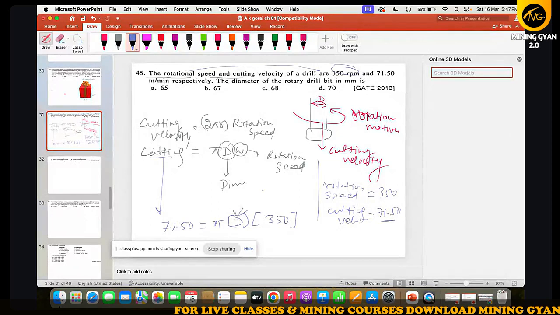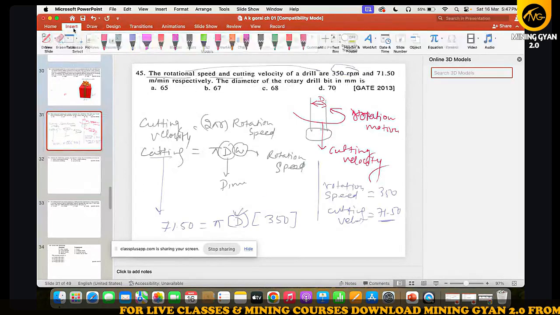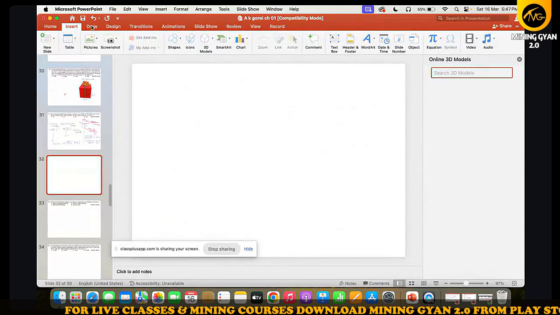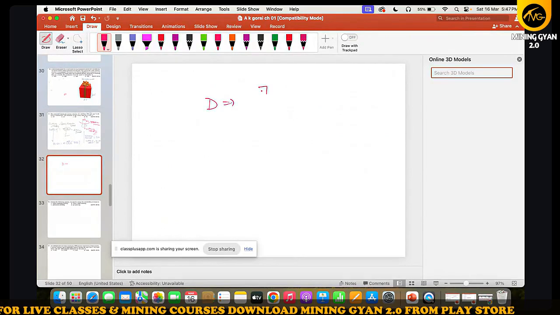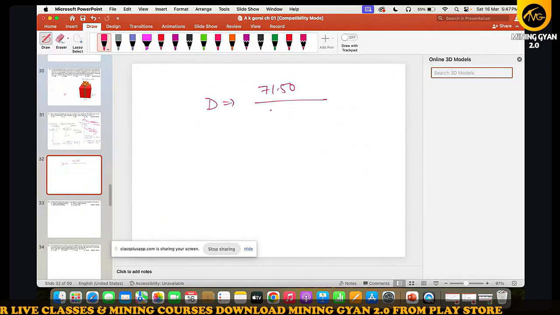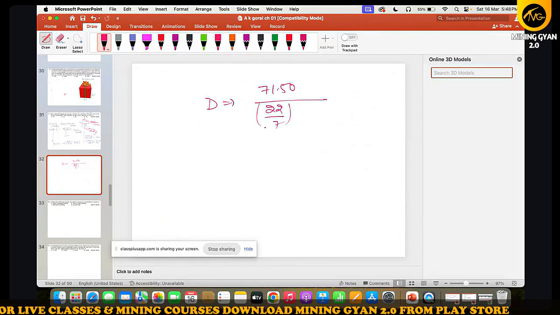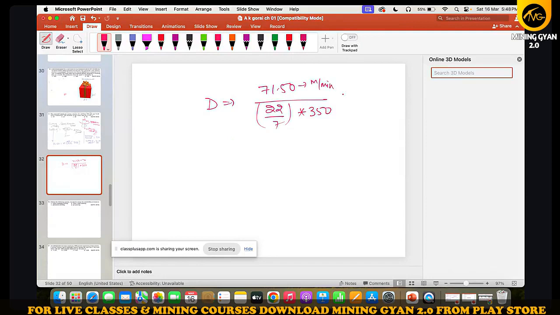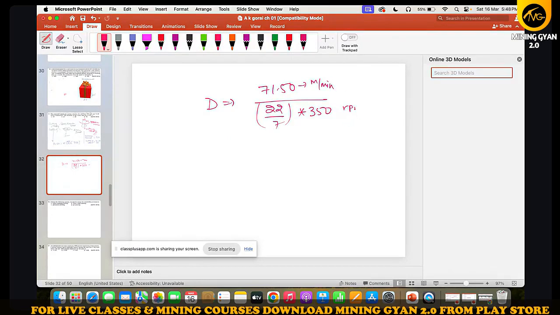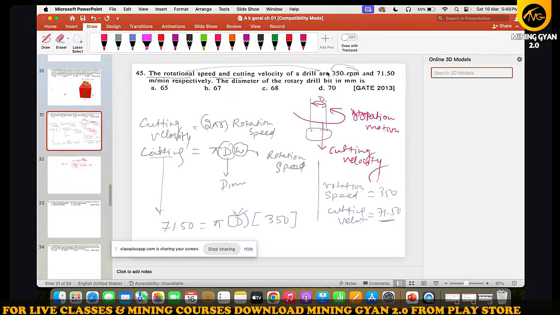Diameter we have to find out. So how will we find it? Diameter is equal to 71.50 divided by pi, where pi is 22 by 7, and 350. It is meter per minute and it is rpm, per minute. So we have to change it, because he told us to give the answer in mm.